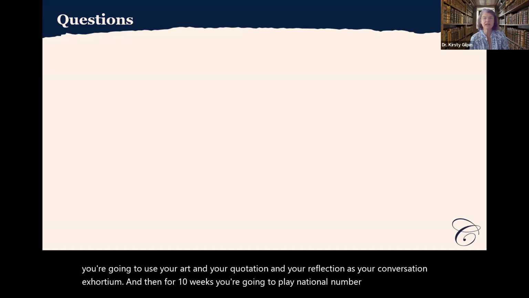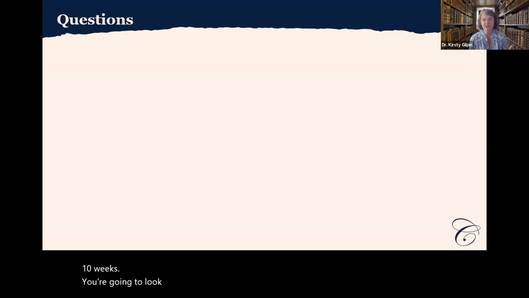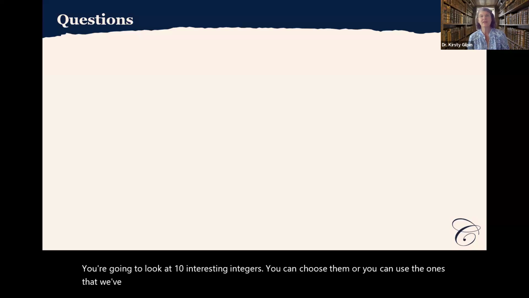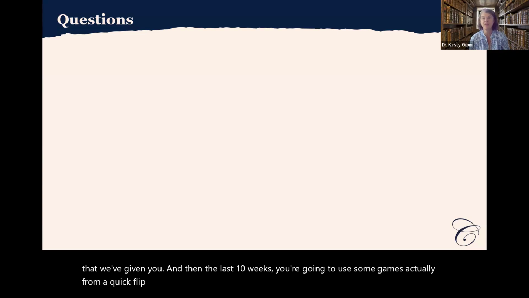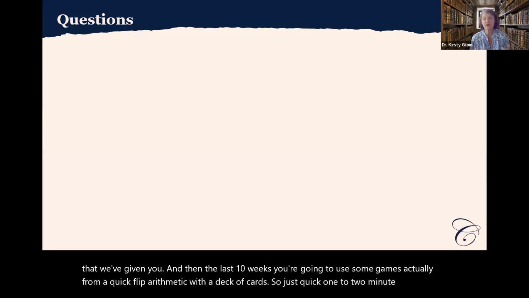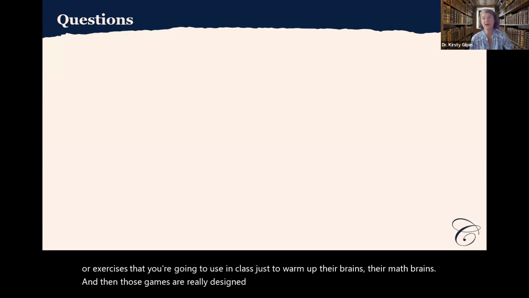The middle 10 weeks, you're going to look at 10 interesting integers. You can choose them, or you can use the ones that we've given you. And then the last 10 weeks, you're going to use some games actually from Quick Flip Arithmetic with a deck of cards. So just quick 1 to 2 minute games or exercises that you're going to use in class just to warm up their brains, their math brains. And then those games are really designed for use at home.